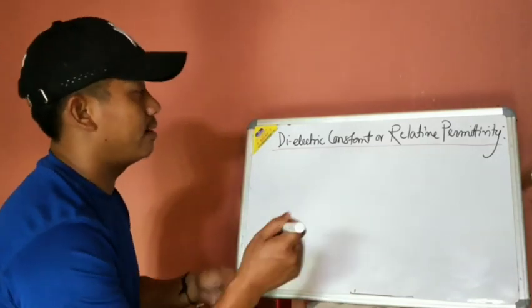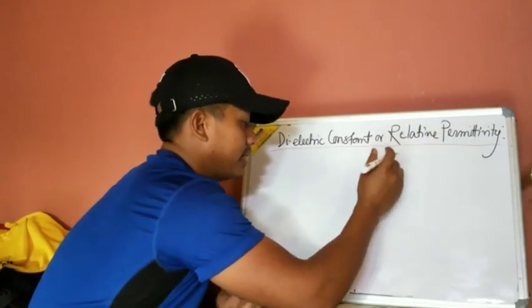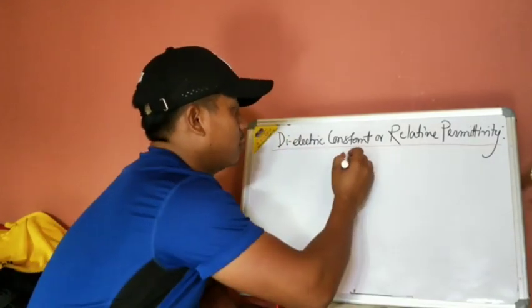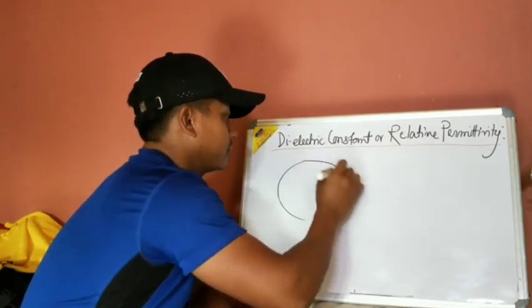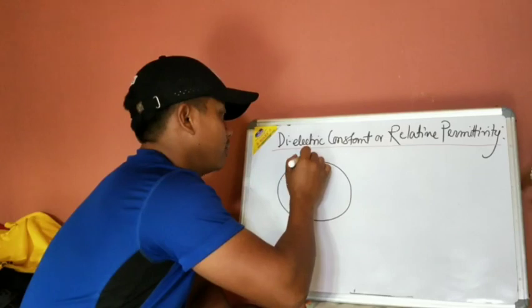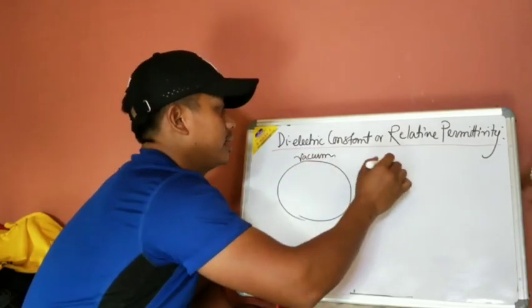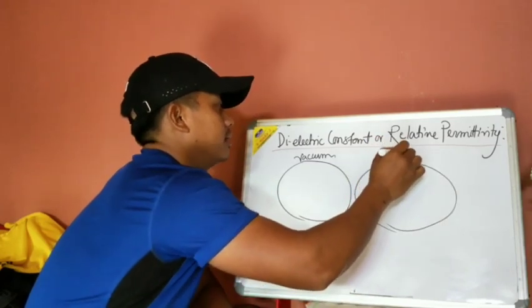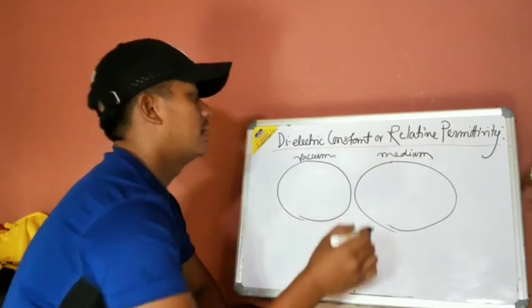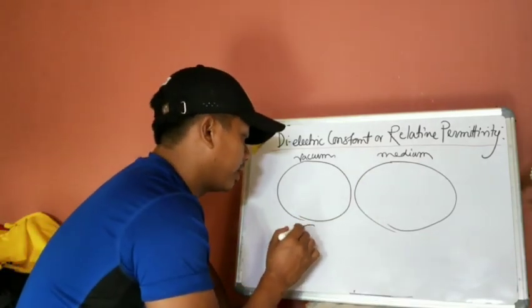For the first time, let us take two media. One is vacuum. Suppose this is vacuum, then this is any other medium. For vacuum, we denote the absolute permittivity as epsilon naught.